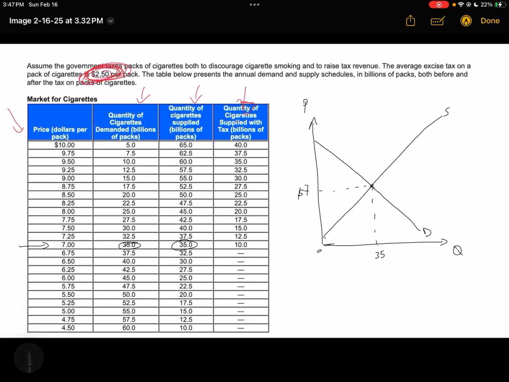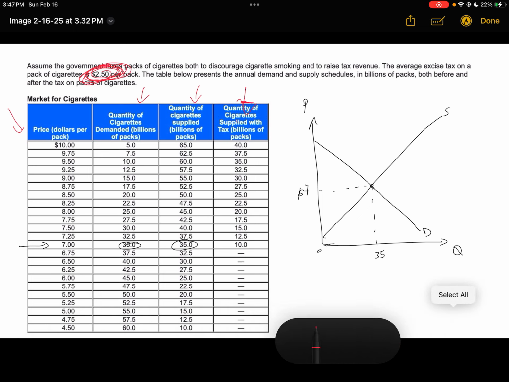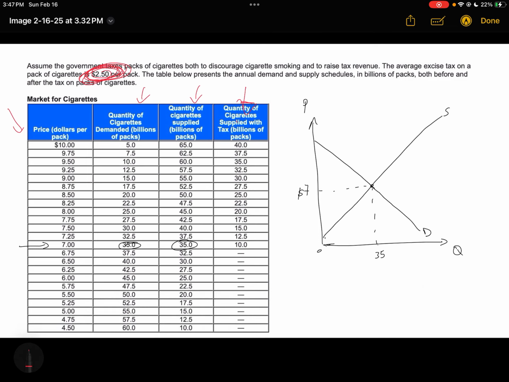What next? We know that when there is a tax, suppliers take that tax as an additional cost. So we are going to expect the supply curve to shift backward like this, S plus tax. Okay.